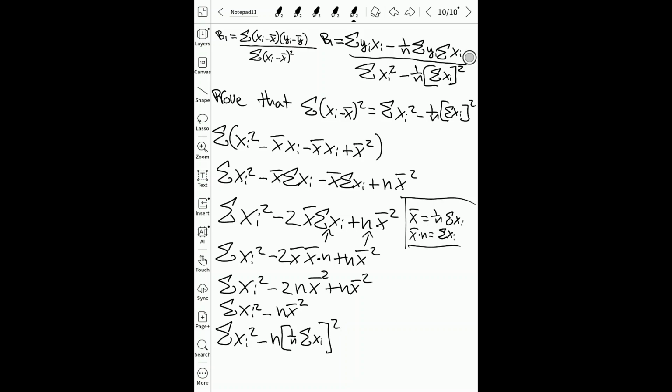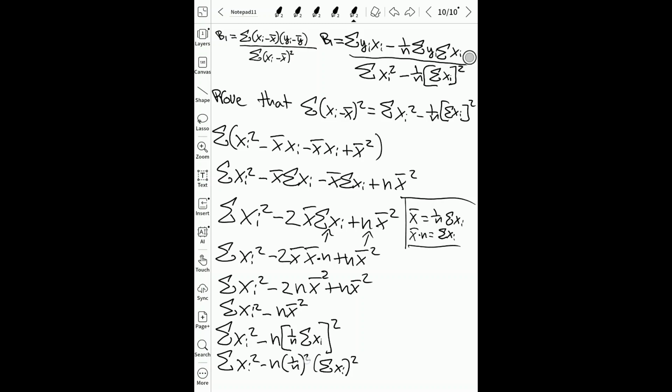I haven't changed anything here. And I'm just going to distribute the square so that I have sum of xi squared minus n times 1 over n squared multiplied by sum of xi squared, right?